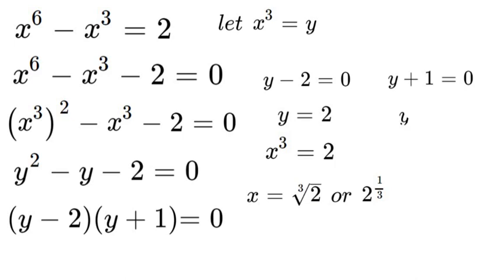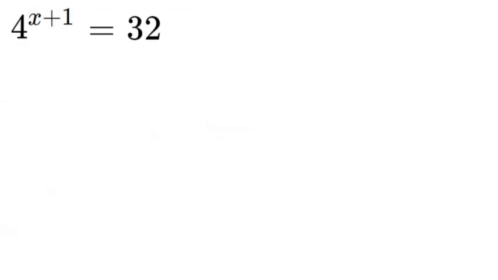We'll subtract 1, we'll have y is equal to negative 1, exchange y for x cubed, and negative 1 cubed is actually just negative 1, so x would be equal to negative 1. So our two answers are negative 1 or 2 to the power of 1 over 3.